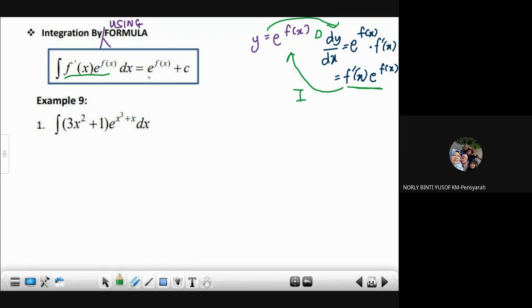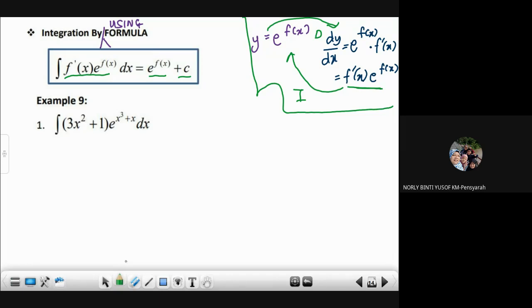So dapatlah e power of fx plus c. Terjadinya formula ni adalah daripada differentiation for exponential fx. You reverse, you integrate the differentiation punya derivative, dapatlah e power of fx plus c. So ini cerita mendapatkan formula ini. Formula ni kena gunalah tapi tak perlu hafal.